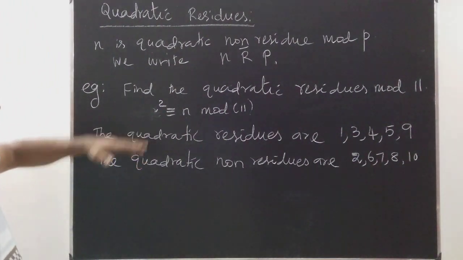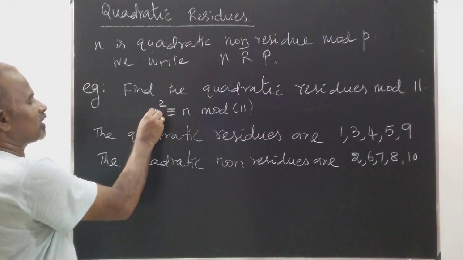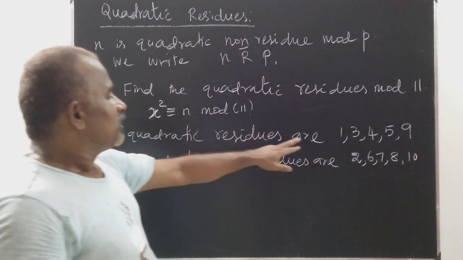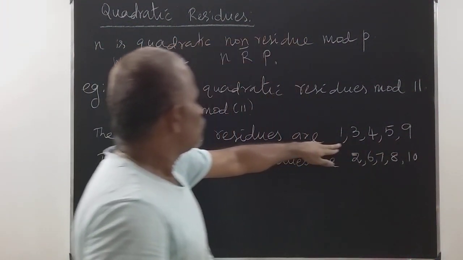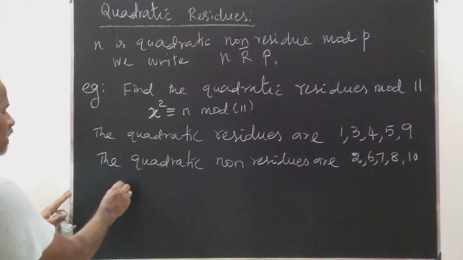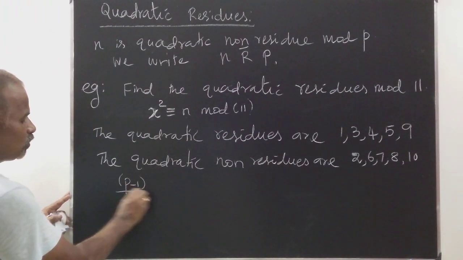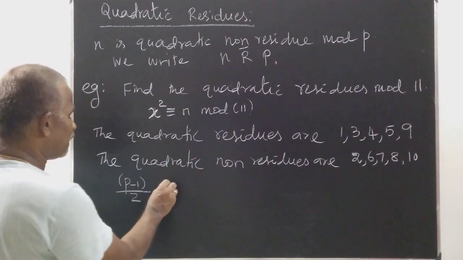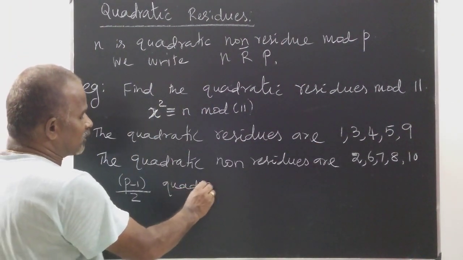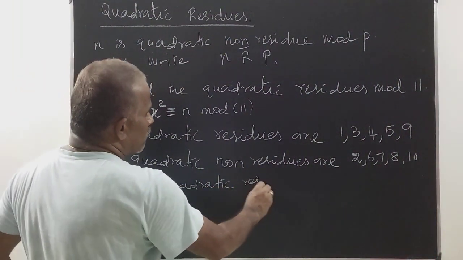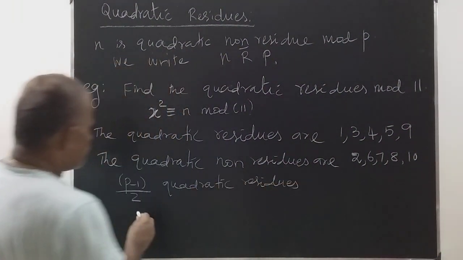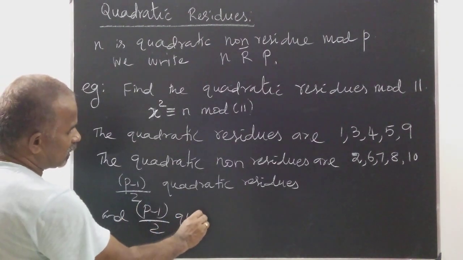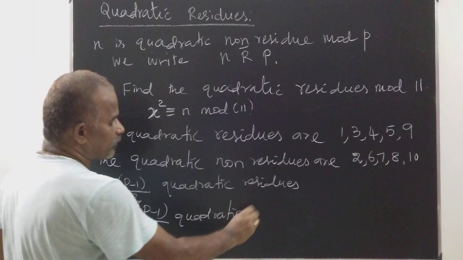So for every quadratic congruence, there are p minus 1 by 2 quadratic residues, and p minus 1 by 2 quadratic non-residues.